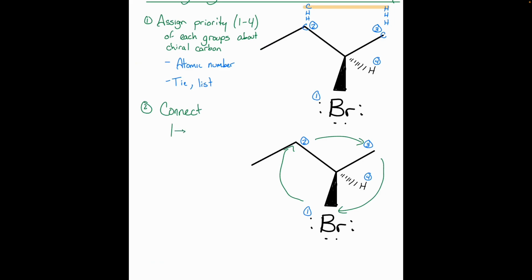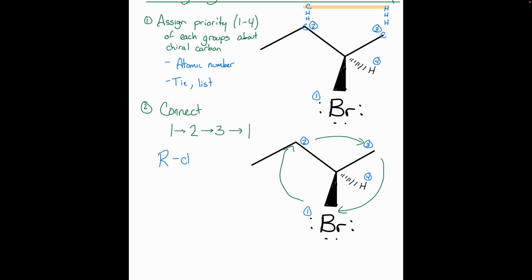What we're looking for is, did we make this little loop in the clockwise direction or the counterclockwise direction? After we connect, does anybody remember which one's which? R is clockwise, S is counterclockwise.